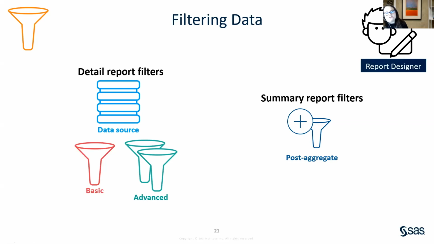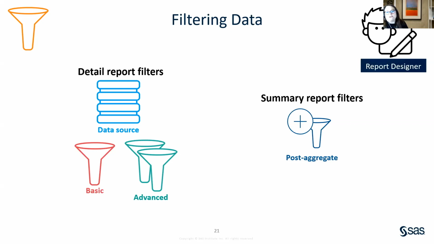I can also do them in the right pane, and we saw that earlier as I removed some missing values, and that would be a basic filter. I could also do one in the right pane that would be considered an advanced filter, and that might be a filter that uses some comparison logic or some expression-based filter.